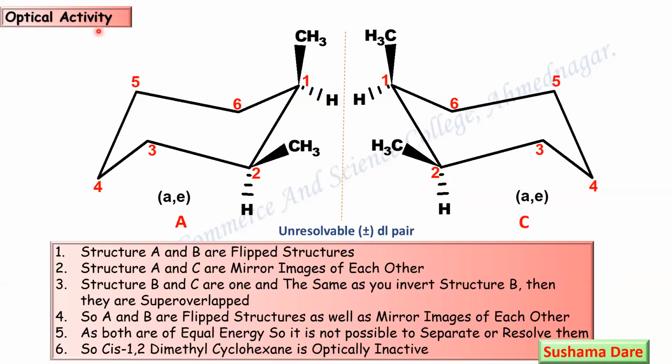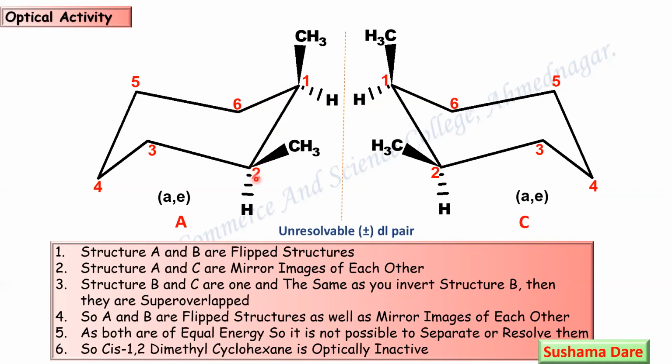Whenever we have to check optical activity, the first question we have to ask is whether an asymmetric center is present or not. What is an asymmetric center? It should have 4 different groups. Look at carbon number 1: one methyl group, one hydrogen, a CH2 group that is carbon number 6, and a CH group that is carbon number 2. So for carbon 1, 4 different groups are there, so number 1 is an asymmetric carbon.